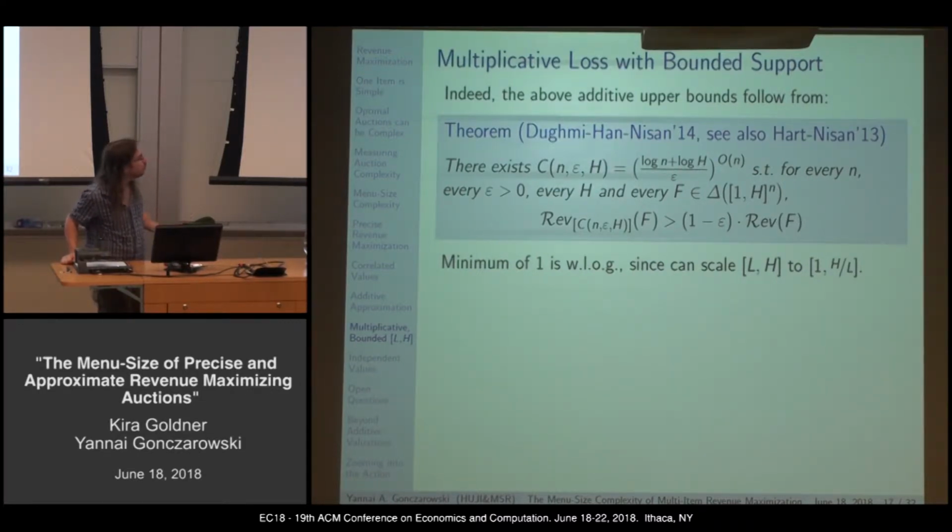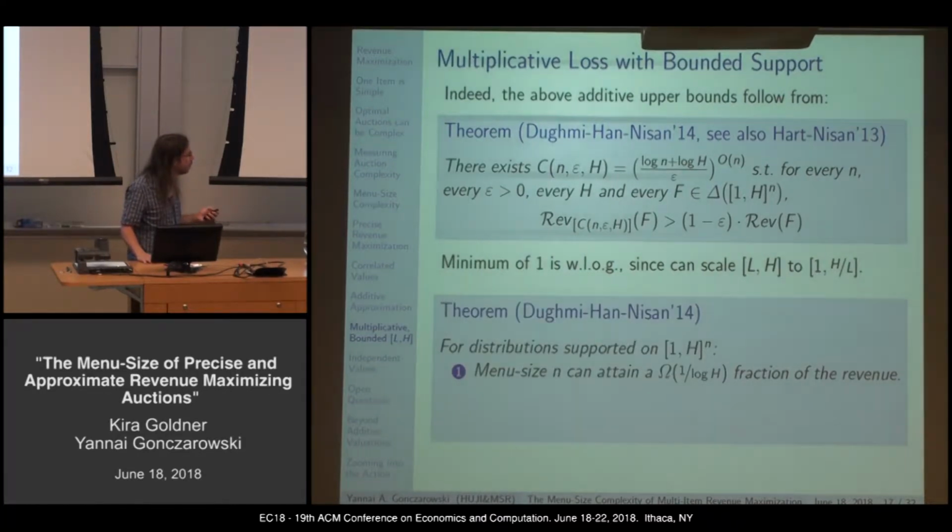I don't personally, apologies to the authors, I'm not particularly thrilled about let's bound everything between L and H and look at stuff as a function of h, even though it is interesting that it's log h here and not h. But I think that the reason it's an interesting setting to look at is the following main result of Dughmi, Han and Nisan from their paper, which shows the following.